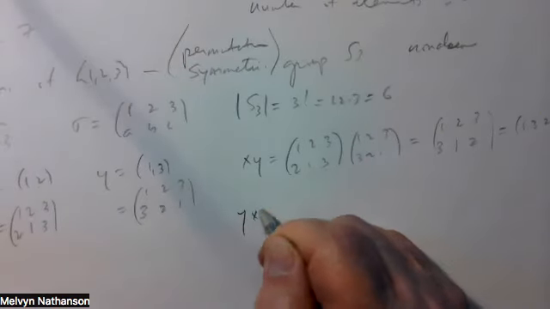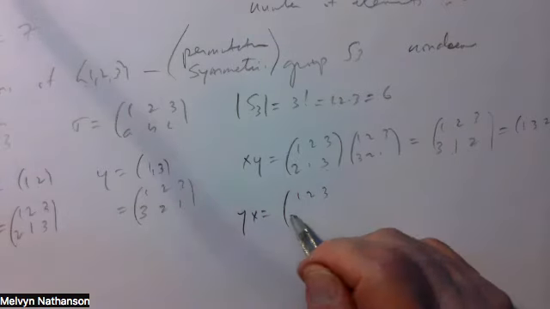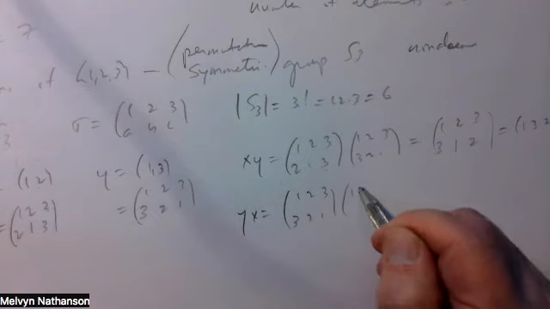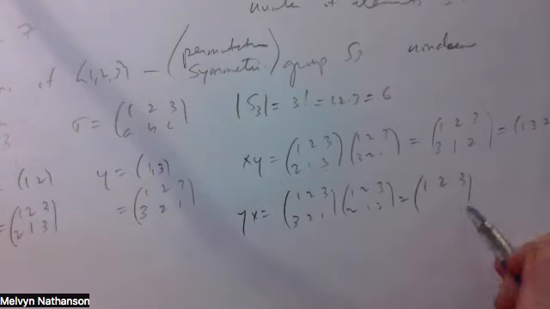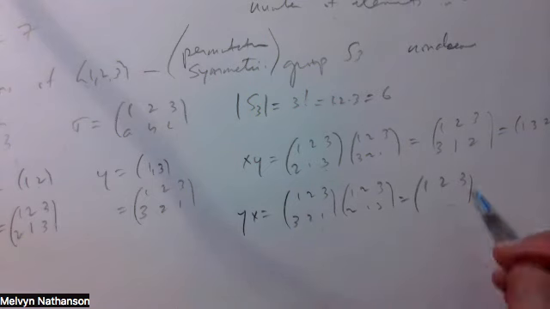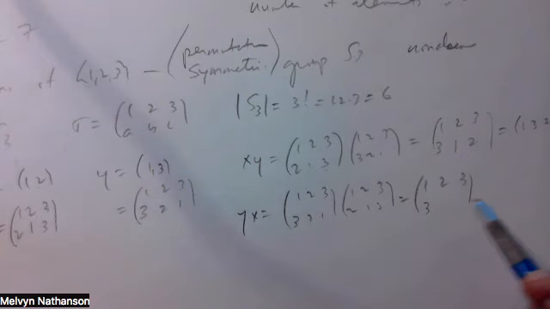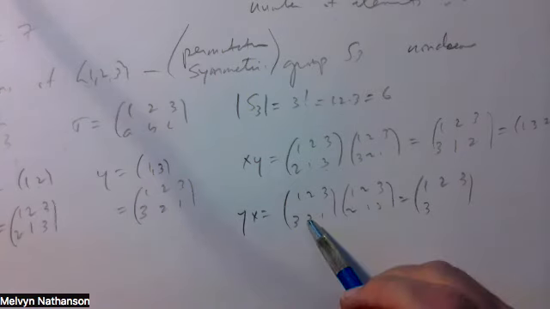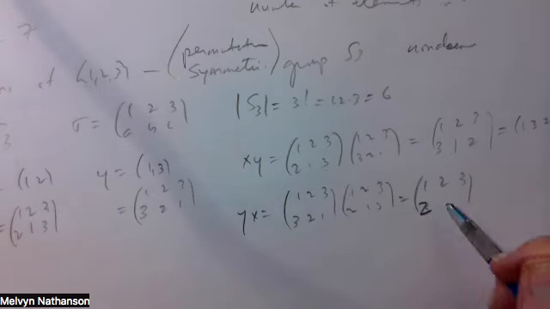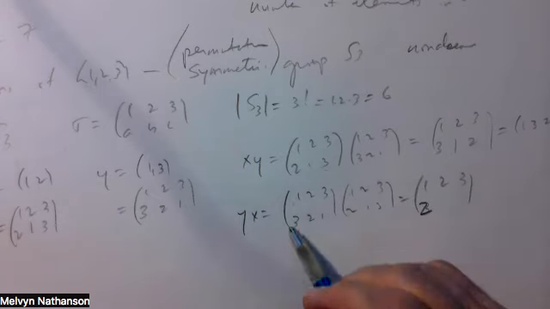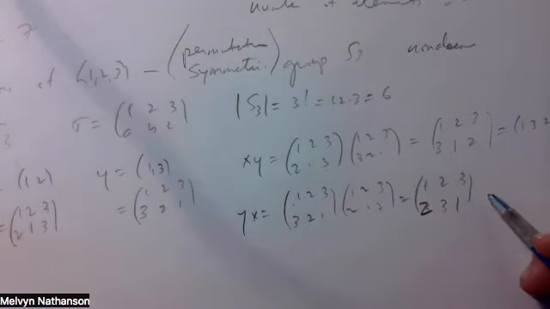But what is YX? So this is the multiplication in the opposite order, or composition of functions in the opposite order. So 1 goes to 2, goes to 2. 2 goes to 1, goes to 3. 3 goes to 3, goes to 1.